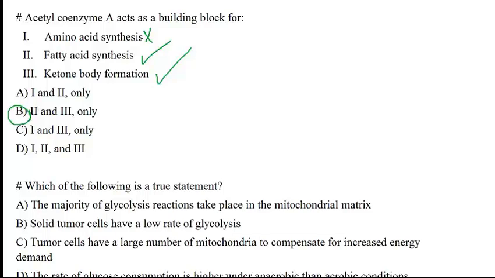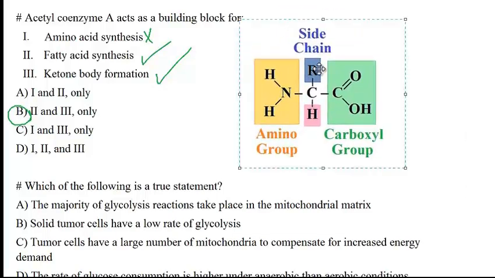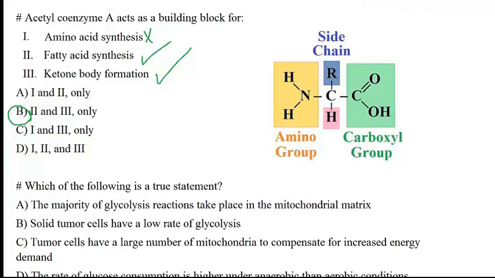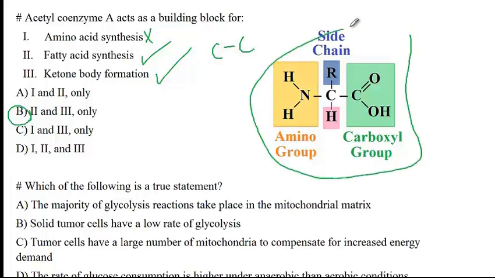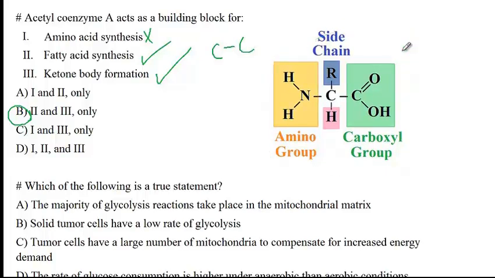And if you recall, an amino acid is made of a central carbon, an R side group, an amino group, and a carboxyl group. We're going to, in a separate video, discuss the structure of proteins and amino acids, but acetyl coenzyme A, which is a 2-carbon molecule, is not one of the building blocks for amino acids.